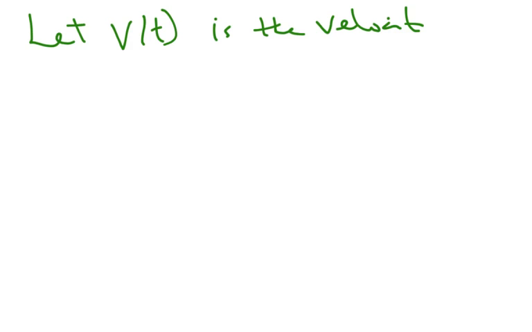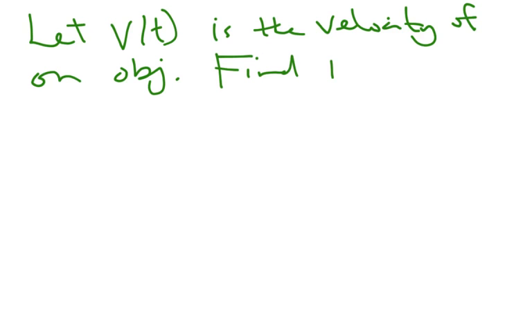All right, so let's suppose for a moment that v of t is the velocity of some object, and we want to find the average velocity. A little sloppy there, but you know what I said.